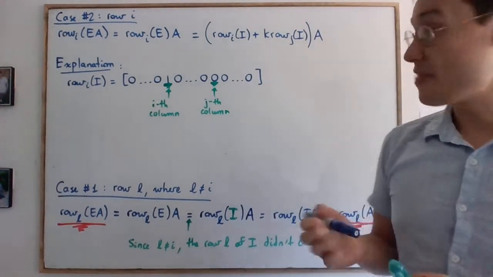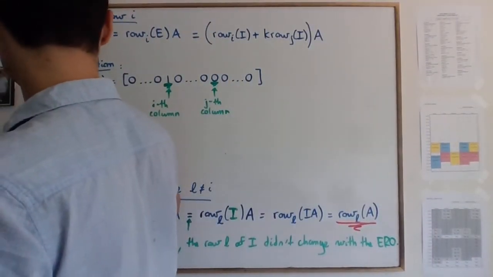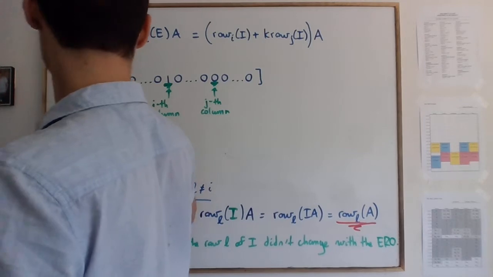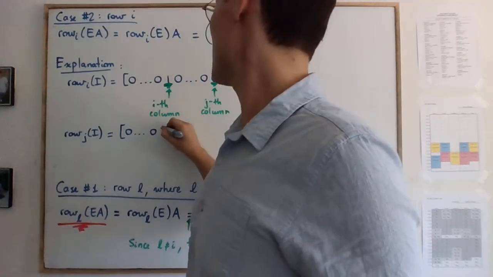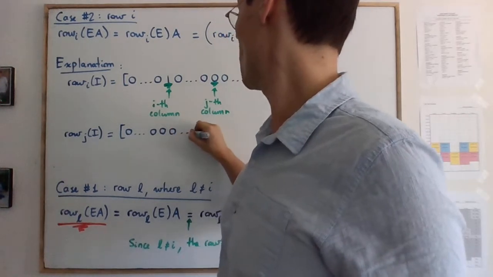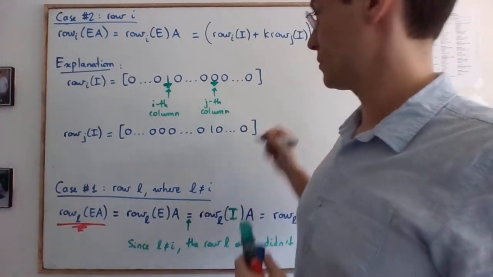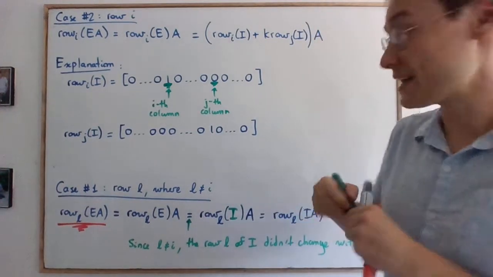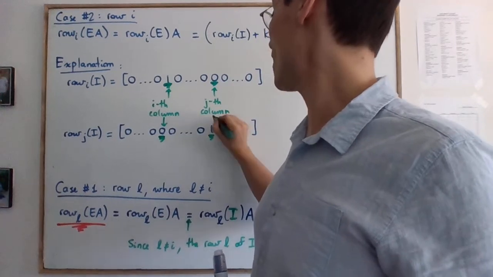Okay. And then if I write the row j of I, that's what it's going to be. Again, this is the ith column, and this is the jth column.